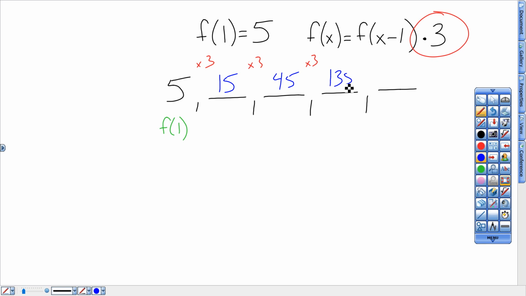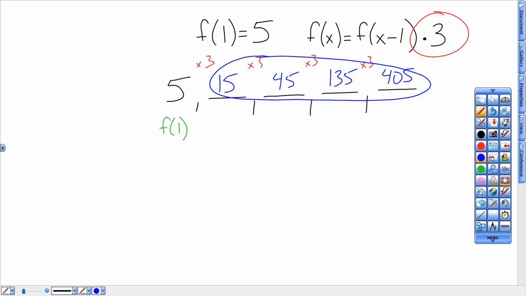Don't forget, 135 times 3 gives me 405. Those are the next 4 numbers in this sequence, starting with the first term being 5, and knowing that I'm taking all the other terms and keep timesing by 3. 3 is the timesing number.